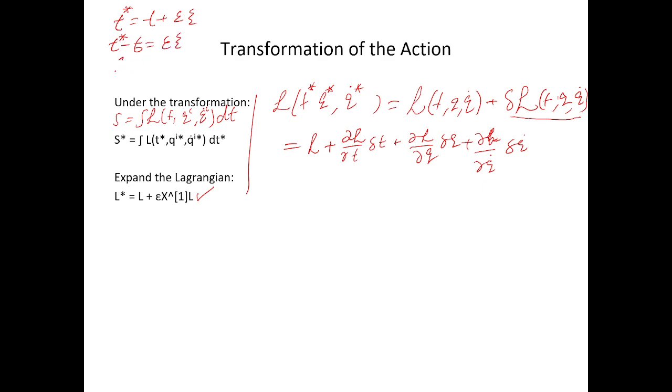So that is the variation in T. Similarly, variation in Q is equal to epsilon eta, and variation in Q dot is equal to epsilon eta 1.